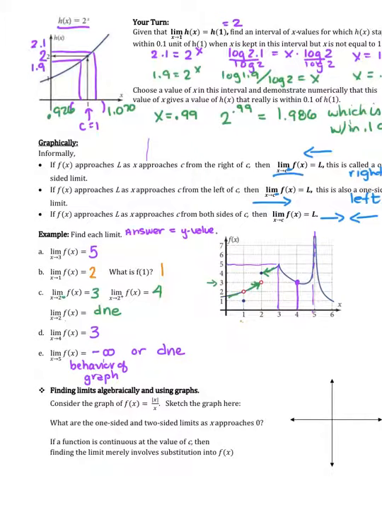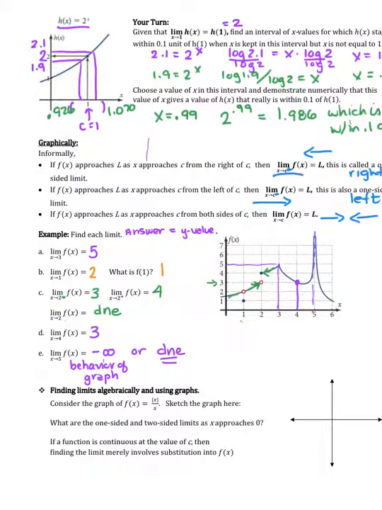They both mean the same thing: there is no limit. It's growing without bound. But if I want to talk about the behavior of the graph, I could say it's going to positive infinity. You're always safe by just saying it does not exist. Okay? So that's finding a limit graphically.